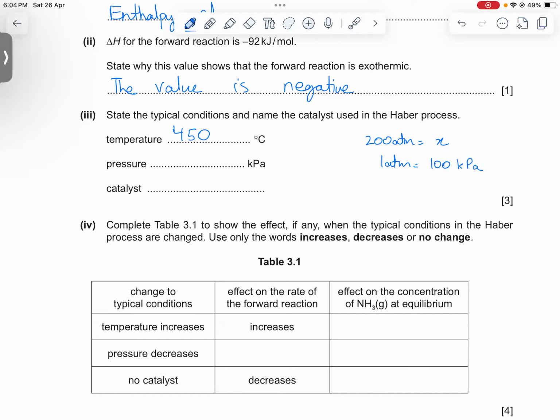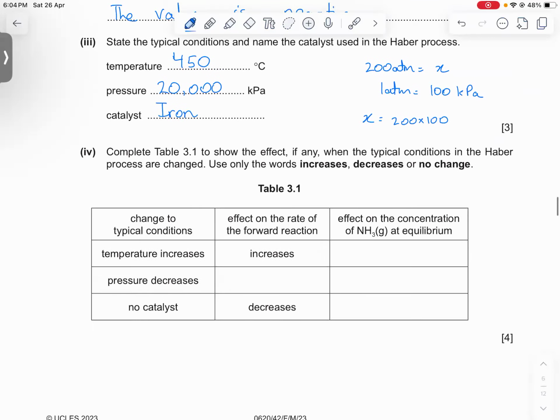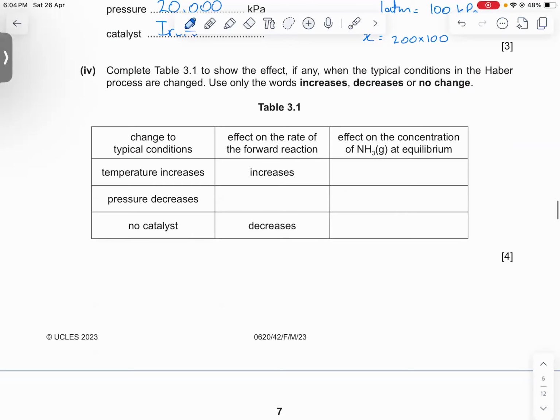So 200 atmosphere would be 200 times 100. So 4 zeros, so it should be 20,000 kilopascals. All right. And then the catalyst should be iron, just iron. Not iron beds, just iron is fine. Okay.